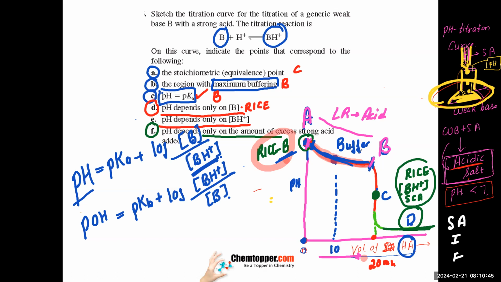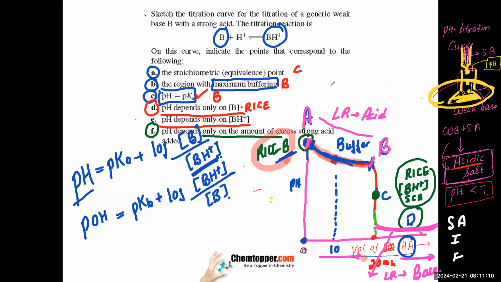If the limiting reactant is base, then this area is where the limiting reactant is the base. Here you have added excess of the acid. So in this area, the limiting reactant is the base. Base is totally 0. And in this area, the limiting reactant is the acid.